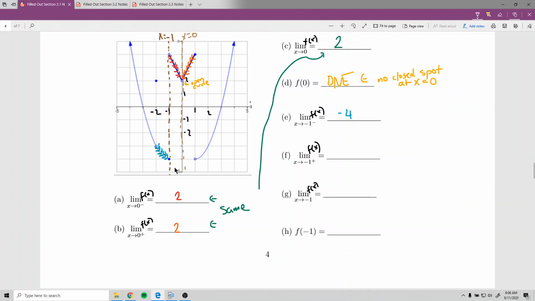And as we go towards -1 from the right, we would want to be on this little section here, walking towards it from the right. So it's kind of like looking at exactly where the red marks are, but the other way, because we're going towards -1. And the y value it's going towards, if you look up here, 1, 2, 3, 4. We're going towards y equals 4.